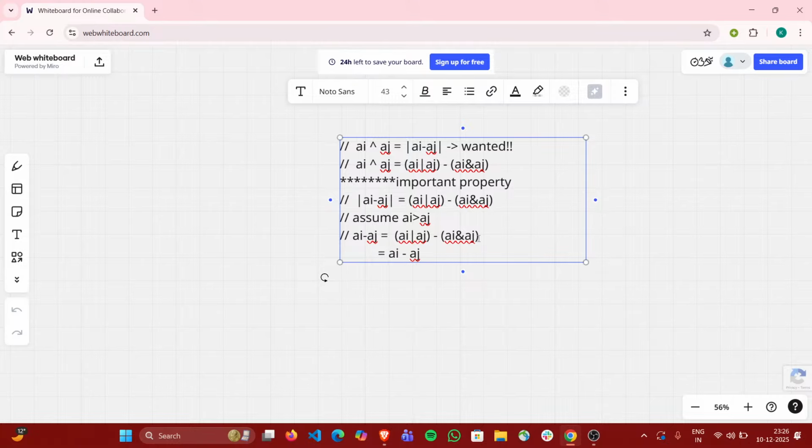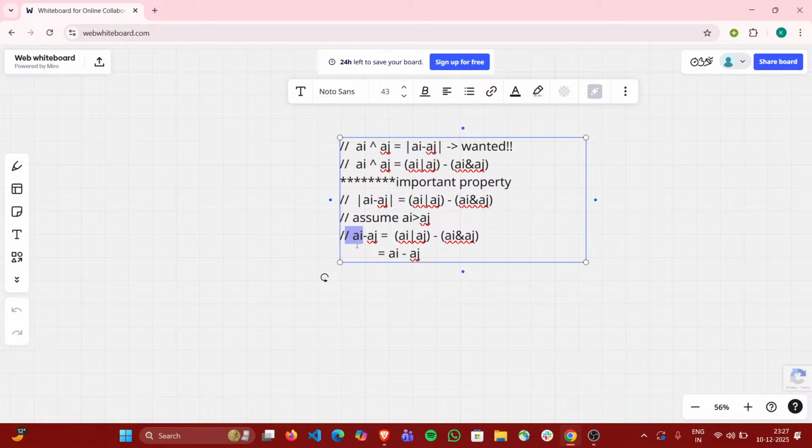Yes, this is the thing that we want in reality, right? So we basically want that ai OR aj is equal to ai, which is the maximum of the two, and ai AND aj is equal to aj, as you can see on comparing these two sides.